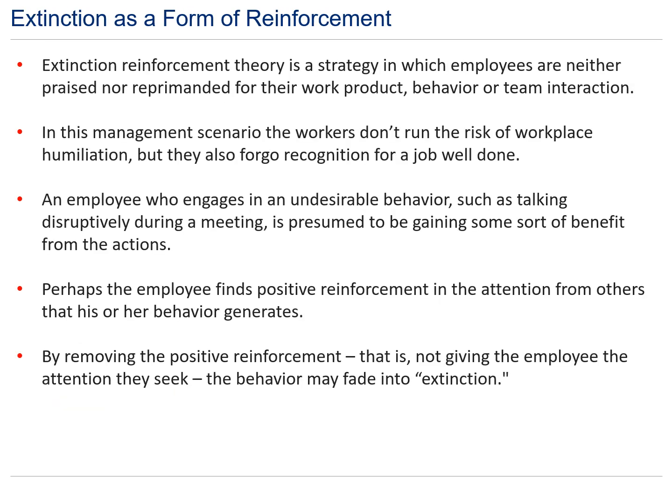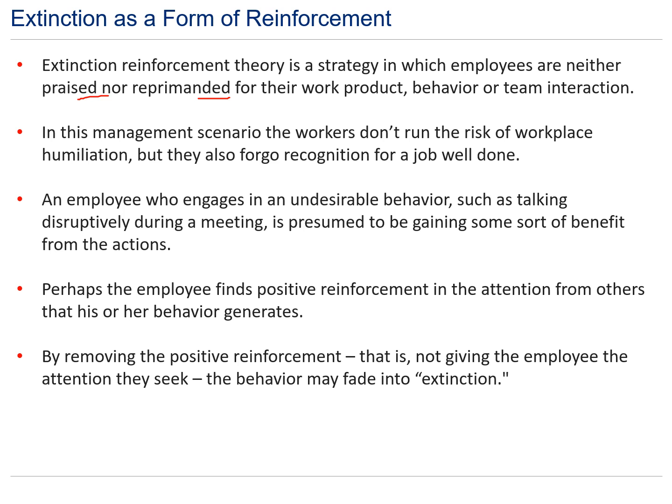The last form of reinforcement strategy is extinction. In this form of reinforcement, extinction is a strategy in which employees are neither praised nor reprimanded or criticized for their work product, their work behavior, or any team interaction.